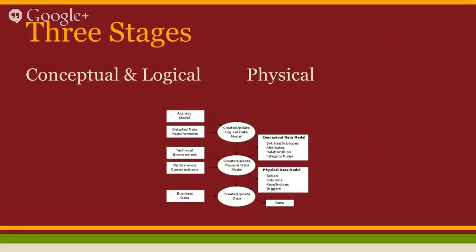Data models more or less have three stages when being created: conceptual, logical, and physical. The conceptual stage of the model is basically organizing the data for the rest of the model. It determines what types of relationships will be shown, as well as defines the requirements set by the end users.